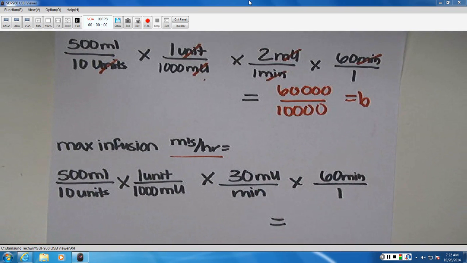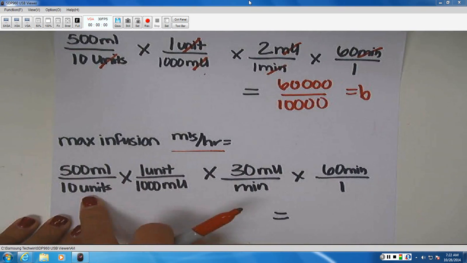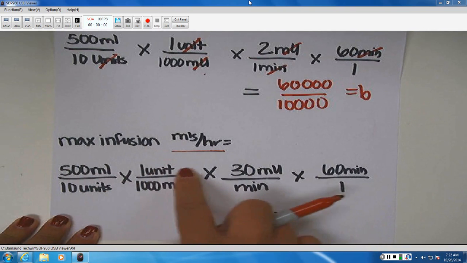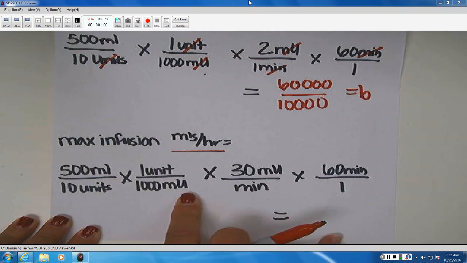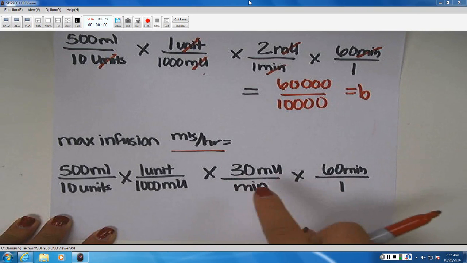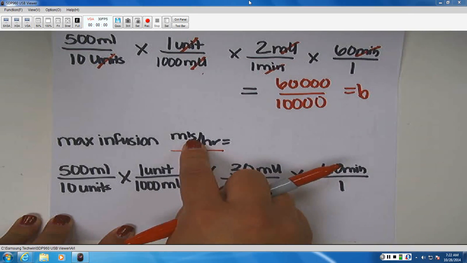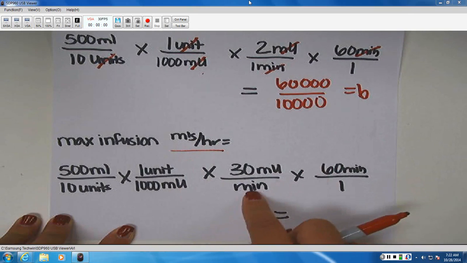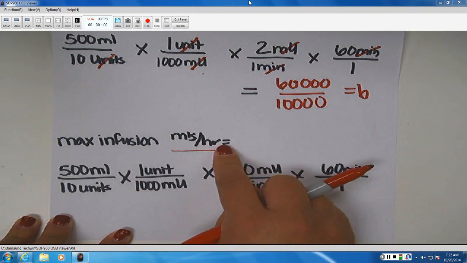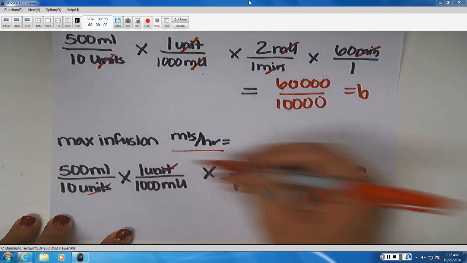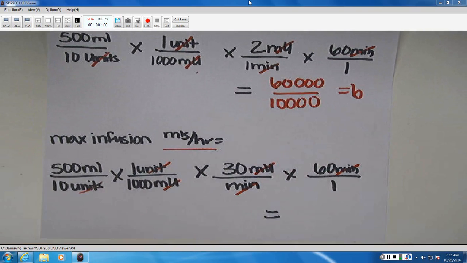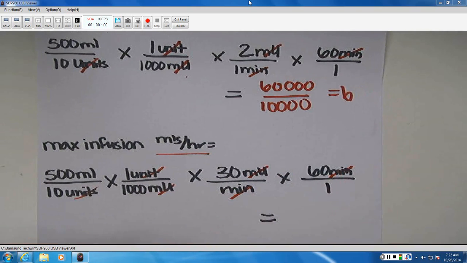So you're setting up your equation the exact same way. My dose on hand is the same, 500 mLs per 10 units. I have my conversion here of 1 unit is the same as 1,000 milliunits. My maximum dose that I can give this patient is 30 milliunits per minute. And since I'm solving for mLs per hour, this minute means nothing to me. I'm going to change it to 60 minutes, which will equal my hour. So then it's all set up, so you can just cancel out all of the labels, and now you multiply straight across the board.